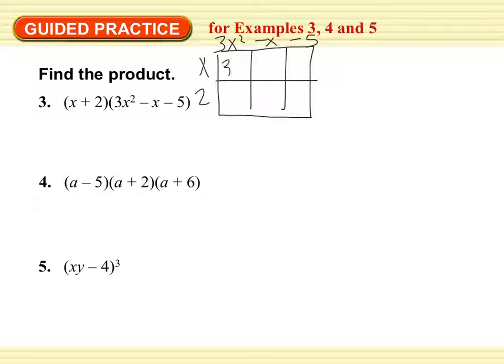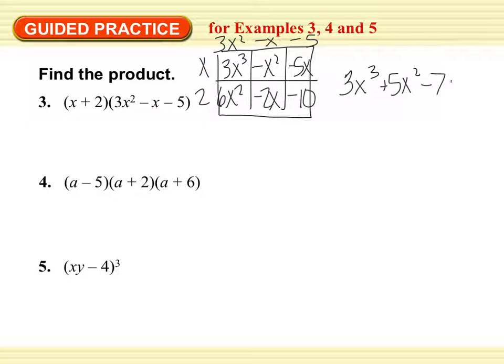I have 3x cubed minus x squared minus 5x, and then 6x squared minus 2x minus 10. Collect like terms, 3x cubed, and then I have a positive 6 and a negative 1. And then my x terms, I have a negative 2 and a negative 5, minus 10.